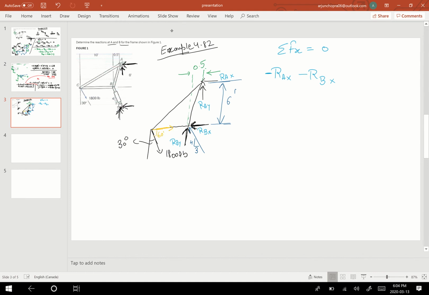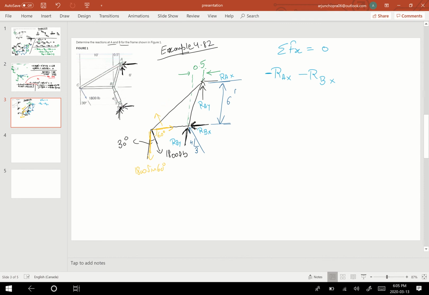This angle will become 60 degrees, and this value I can find, this is 1800 cos of 60 degrees and this is 1800 sine of 60 degrees. 1800 cos 60 is 900. This value is 900, so I'm going to erase this.